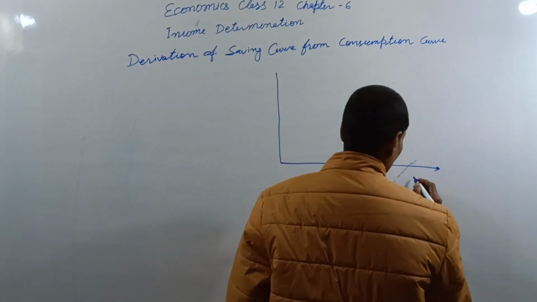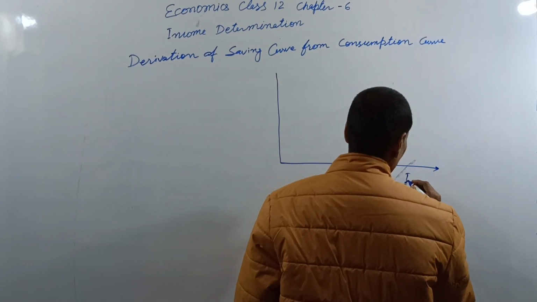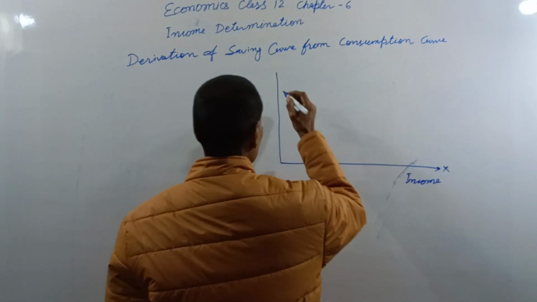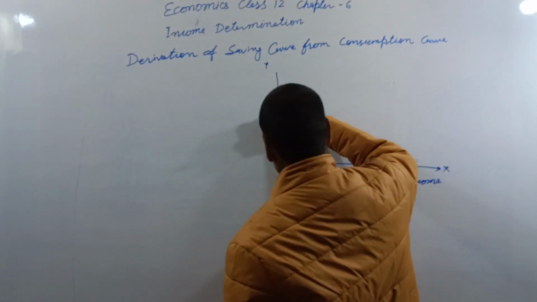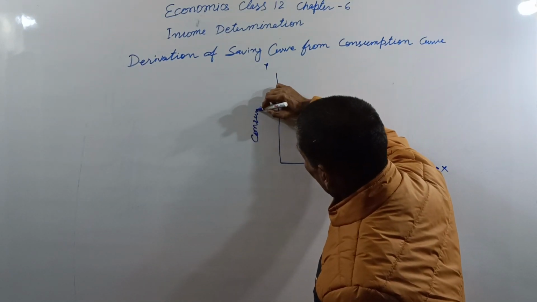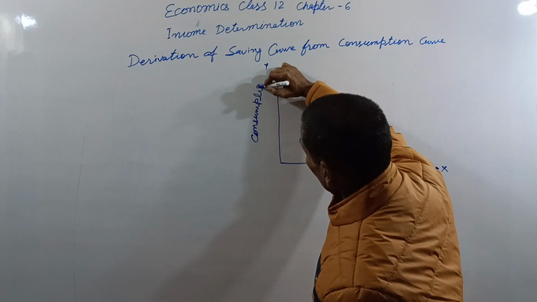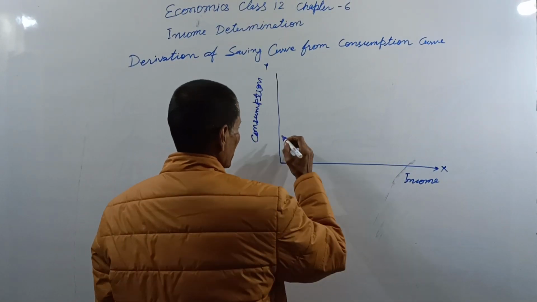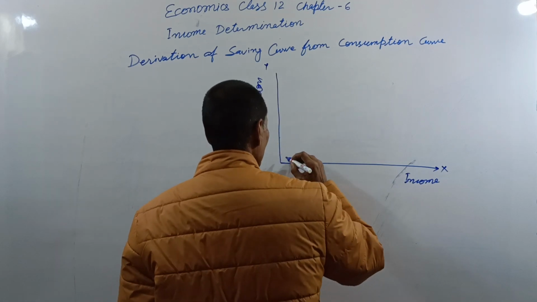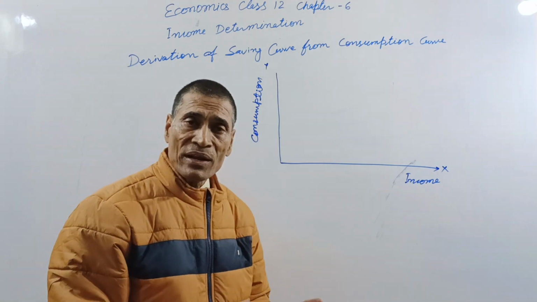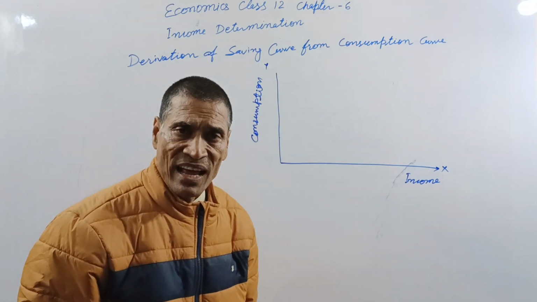Consumption curve first you draw. Here we are measuring income on the x-axis. Here is y, and here consumption. As you know, we have already discussed in the previous class, our income curve is the 45 degree line.